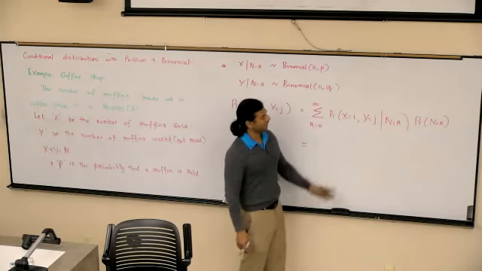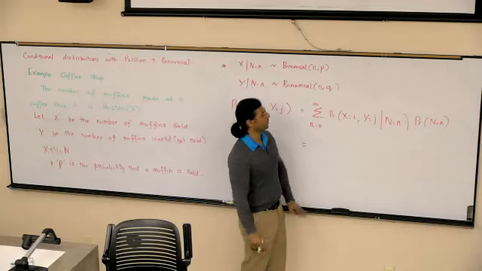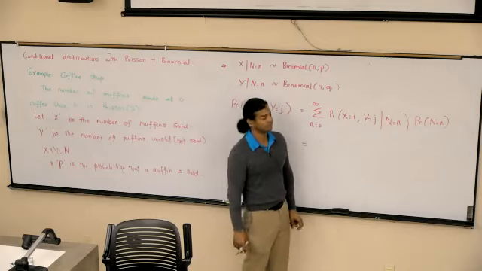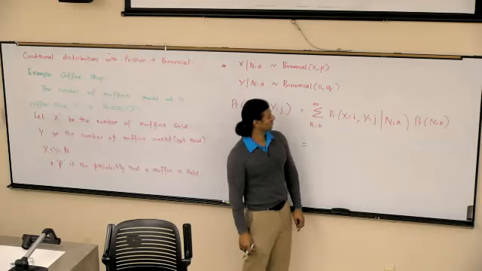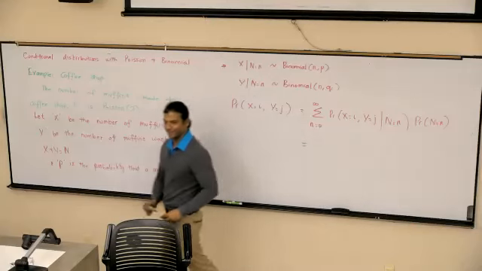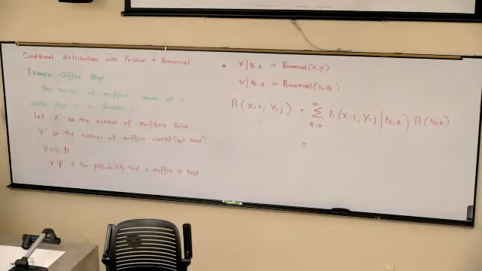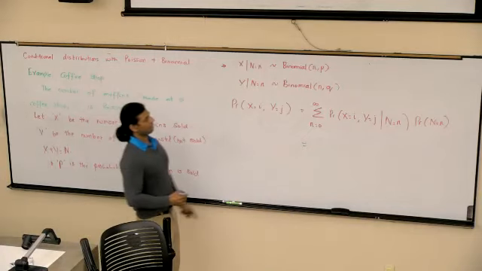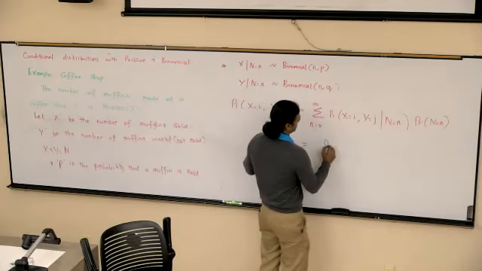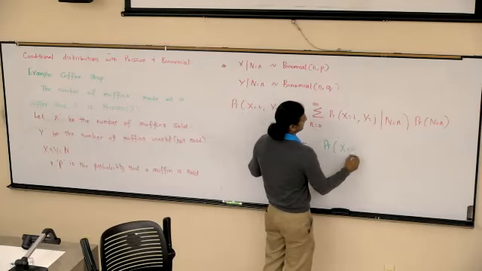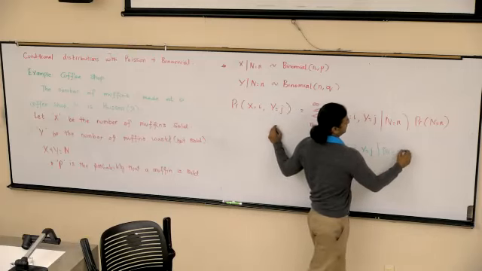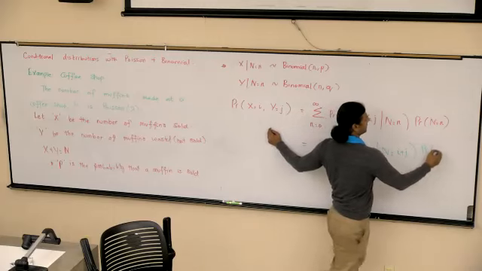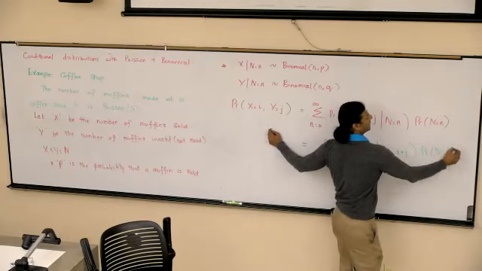I am going to argue this entire sum is going to work for only one value of n. What is that one value of n? So this entire expression would then become x equals i, y equals j, given n equals i plus j, multiplied by probability of n equals i plus j.